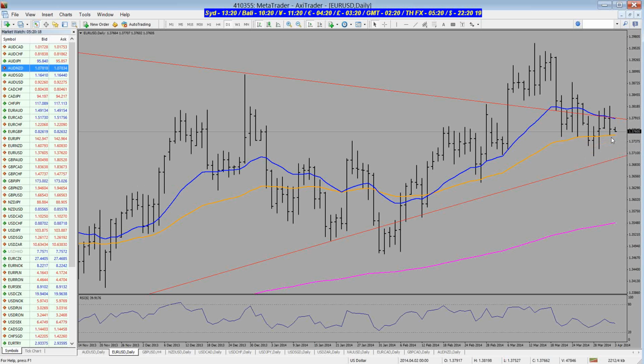You could tighten the stop, yes, or even get out of half your trade and leave the stop where it's at. So that way, you're still reducing your exposure. Take the hit on half of your trade, and then leave the stop under here, and that way, if it does go, you've still got a potential upside of the trade.